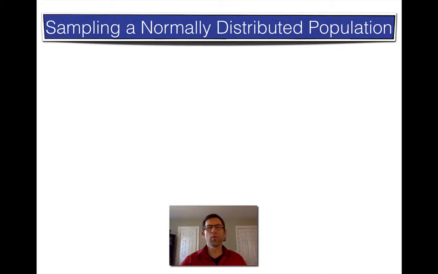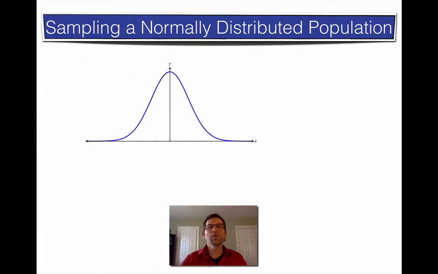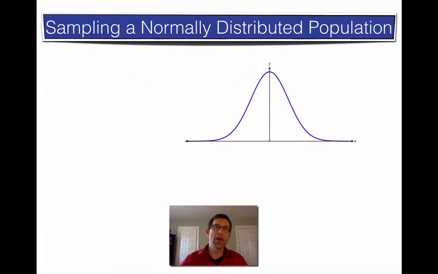The first type of simulation we do is we take a normal distribution of whatever, with some given population mean, mu, and some population standard deviation, sigma. And what we're going to do is randomly simulate samples taken from this population.